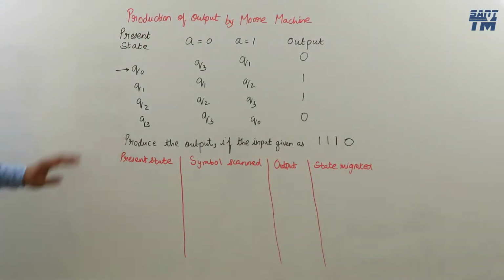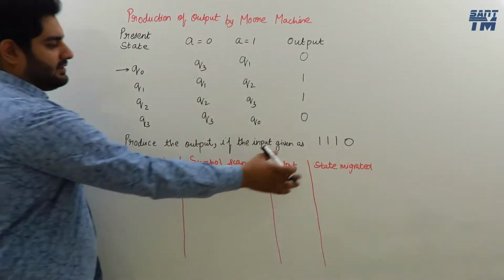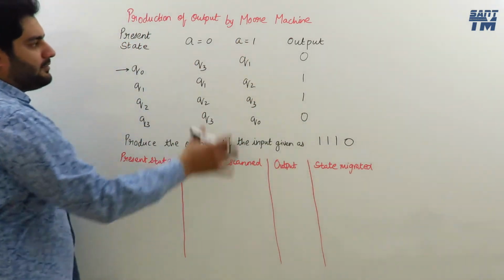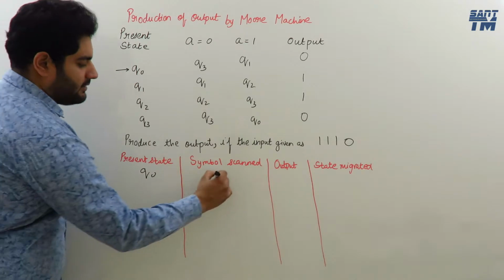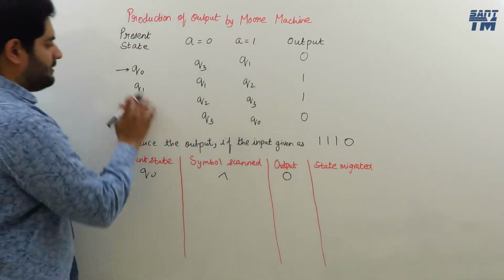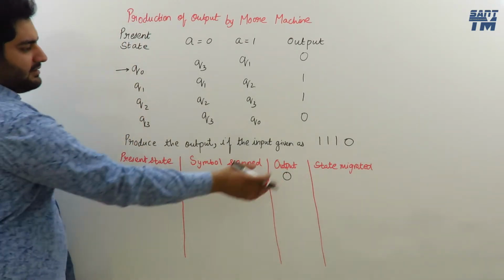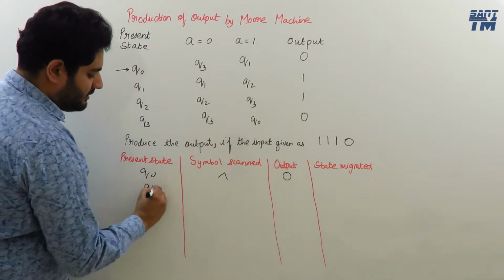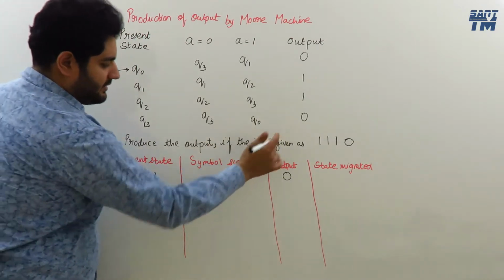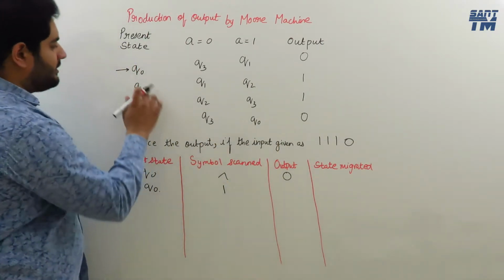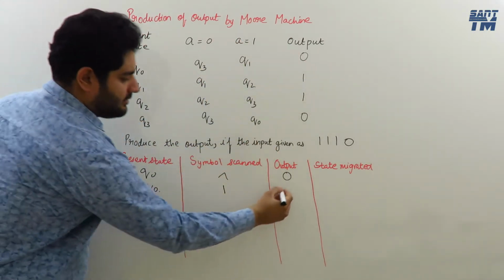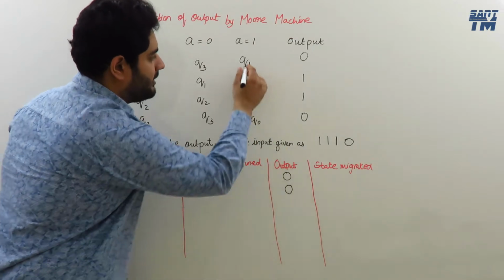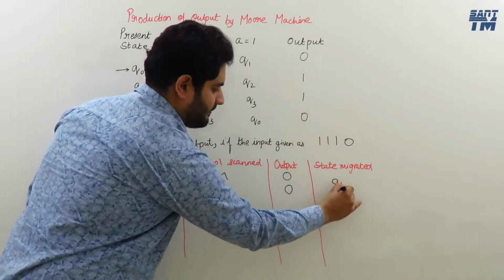Now this is another example. We have to scan this string and produce the output for this Moore machine. The first move is always Q0 null 0 from the initial state. Now consider the string. Applying the input symbol 1 in state Q0, Q0 on 1 will move to Q1 and produce output 0.